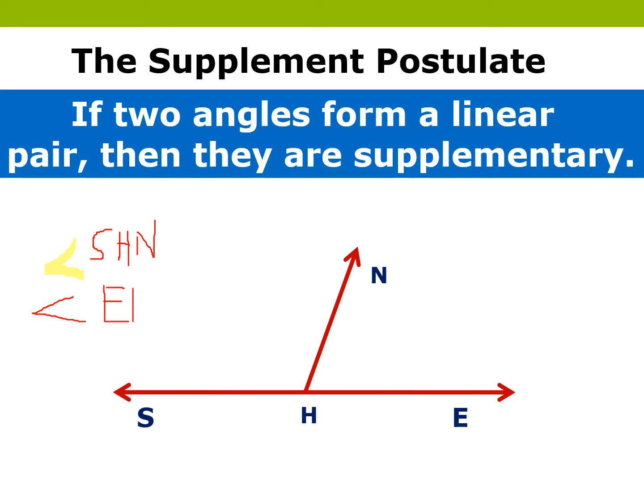They are two adjacent supplementary angles that form a linear pair. So if they form a linear pair, then by the supplement postulate, the sum of their measures is equal to 180 degrees, which is supplementary. Okay? Okay, next.